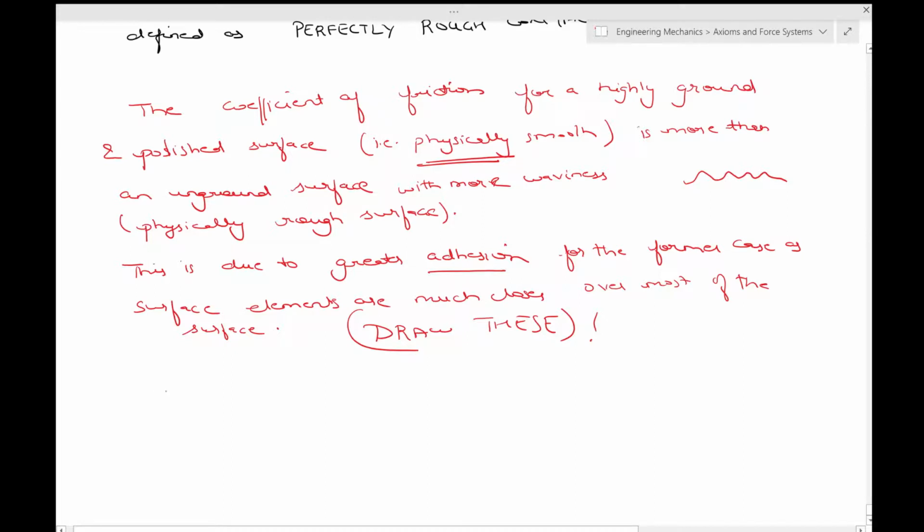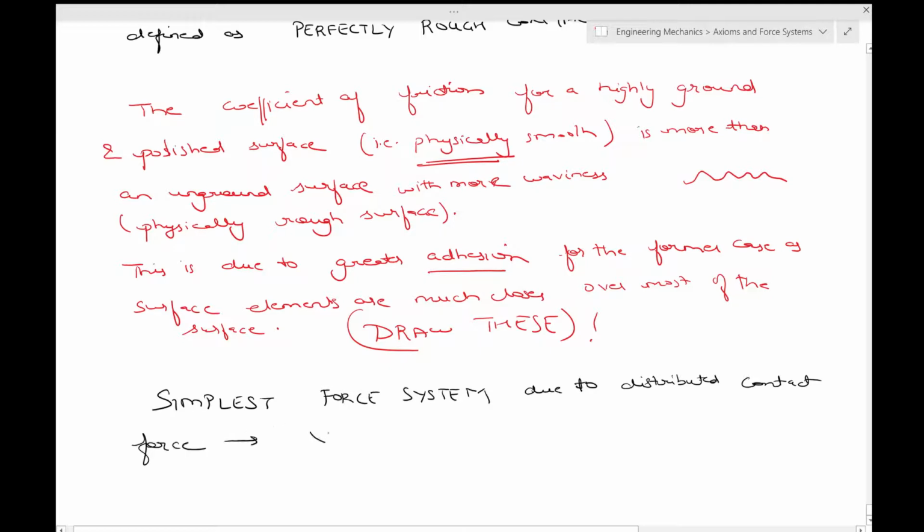So the simplest force system due to distributed contact force is a wrench.